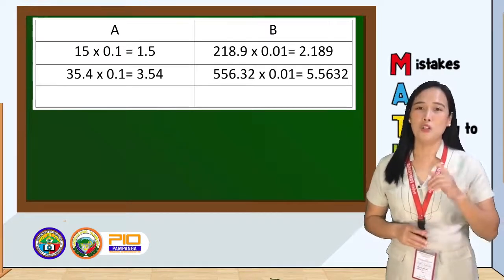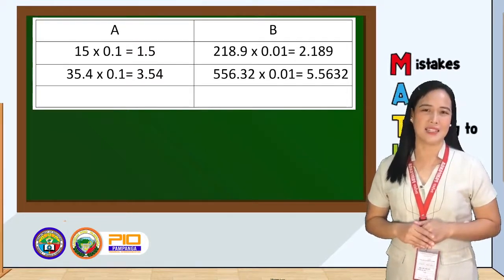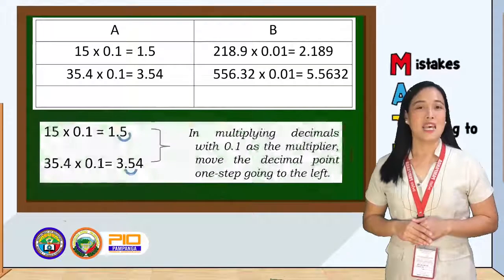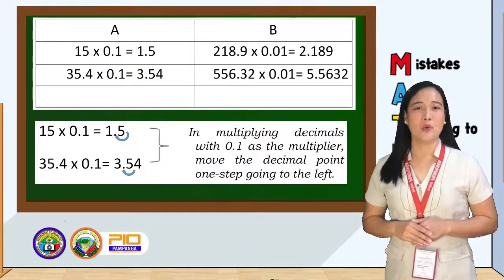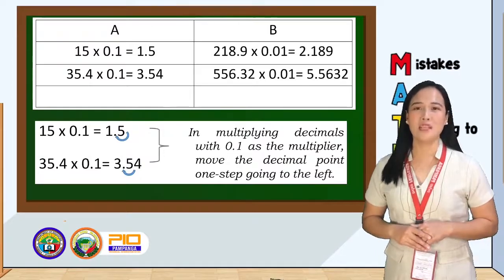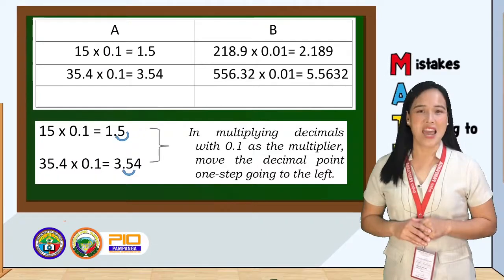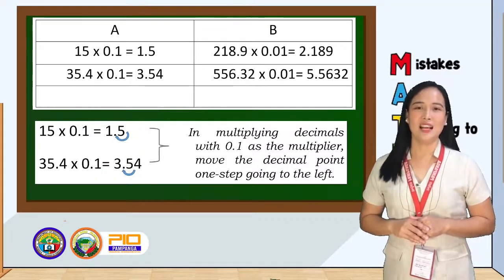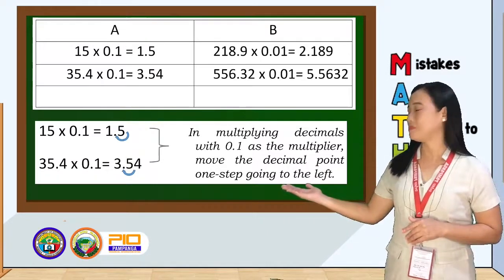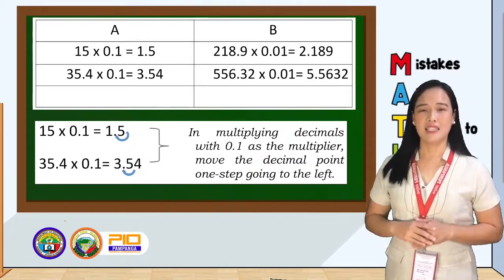Now, how do we multiply decimal numbers by tenths? Yes, in multiplying decimals with tenths as the multiplier, move the decimal point one step going to the left. Just take a look at the given example. 15 times tenths.